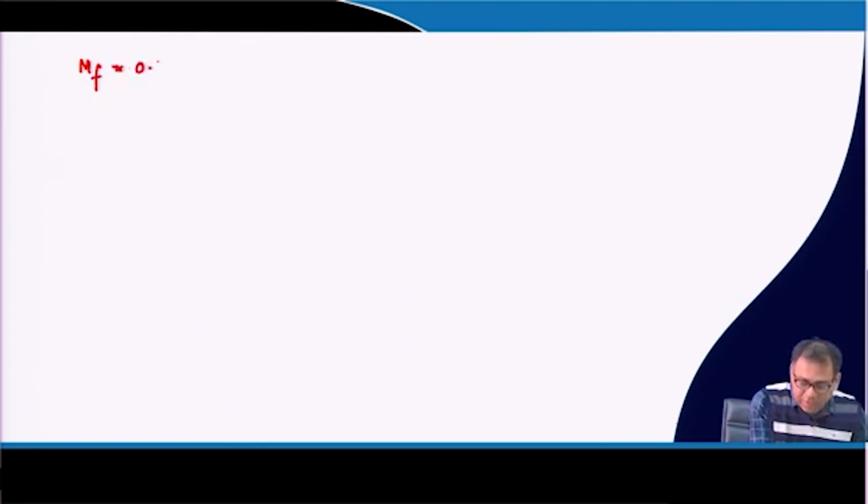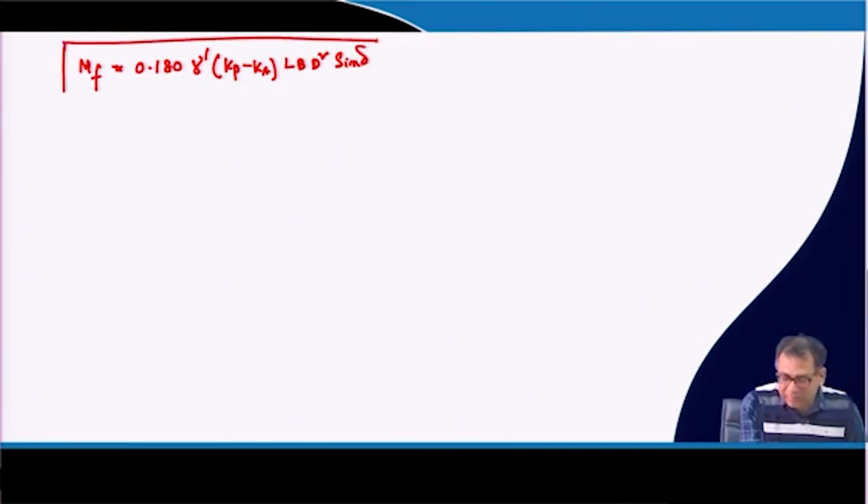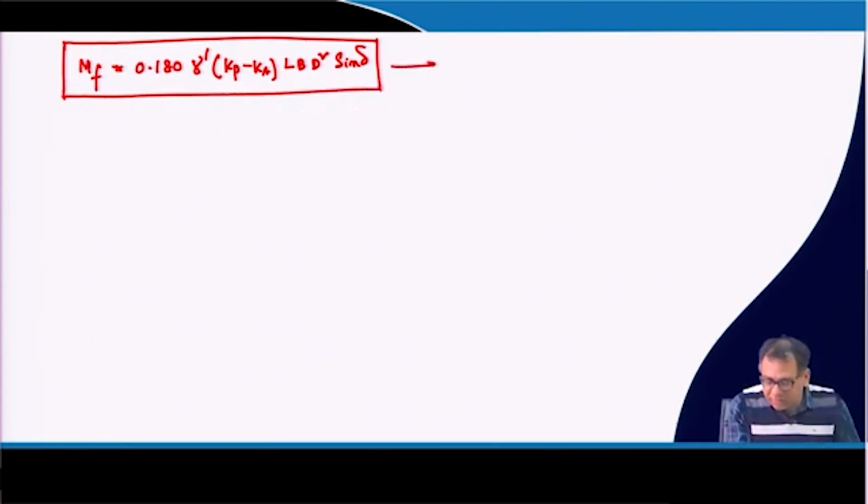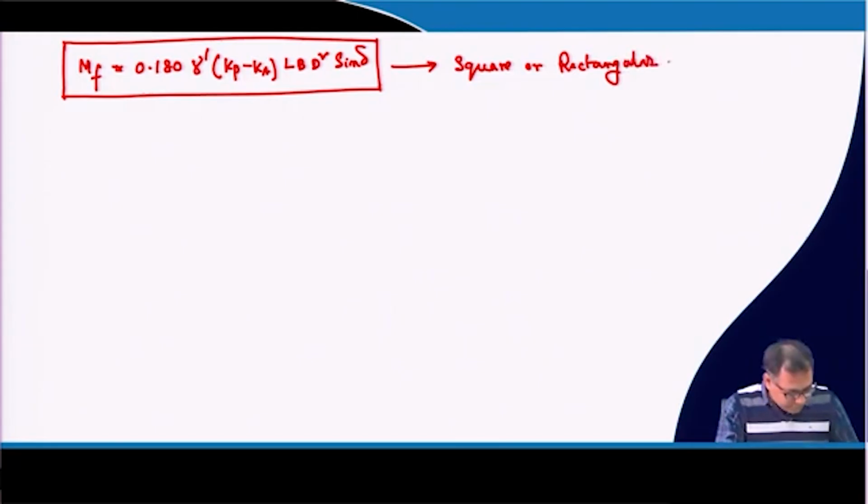This is one equation of MF, and this is for a square or rectangular well.